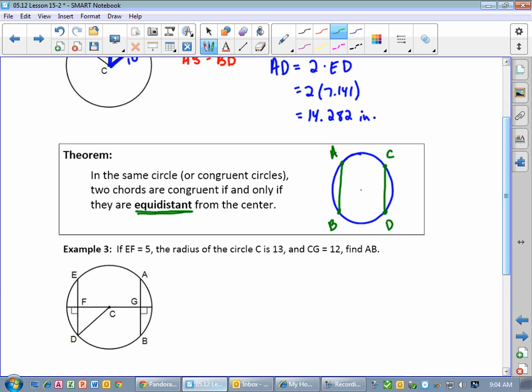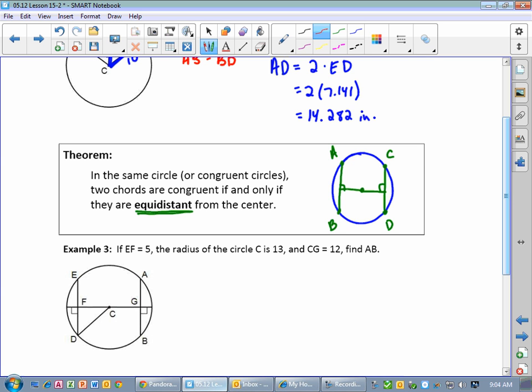So if I go to the center here, the way we find the distance from a point to a segment is we draw the line perpendicular to the segment. So if I just come here, that's perpendicular. Come here, that's perpendicular. I'm going to rephrase that.